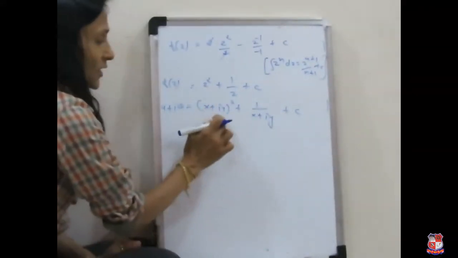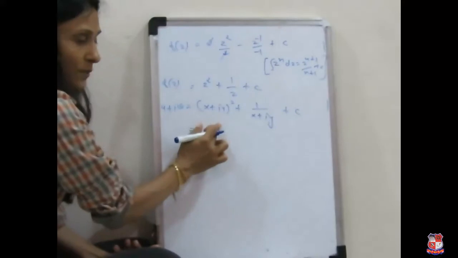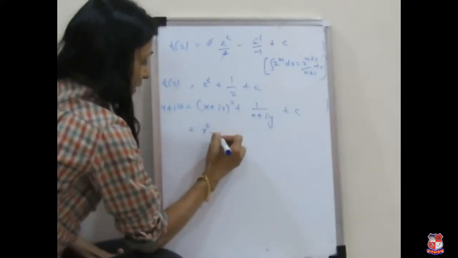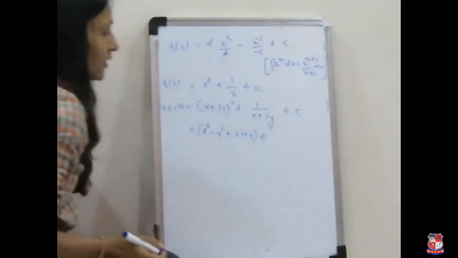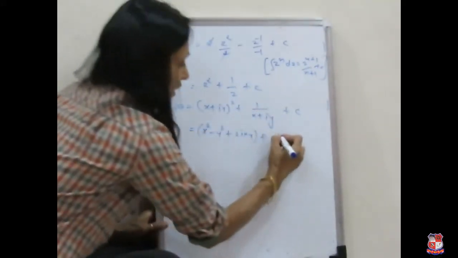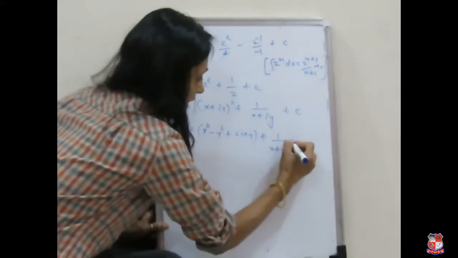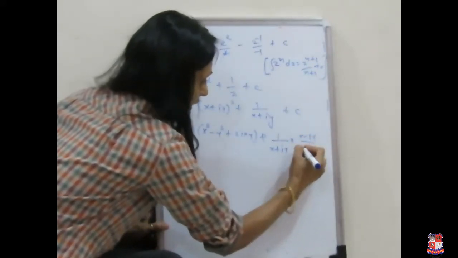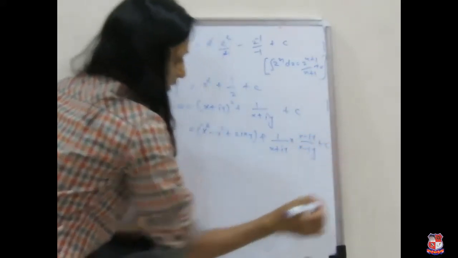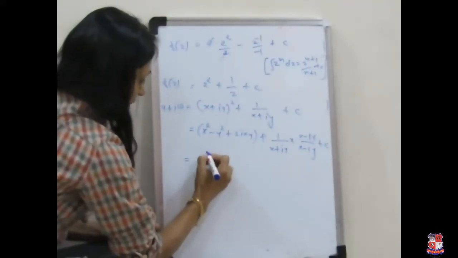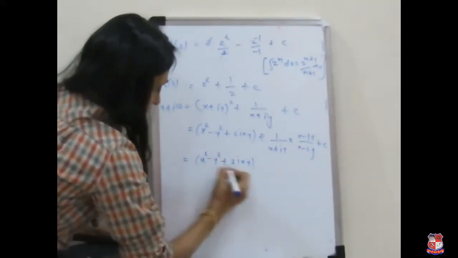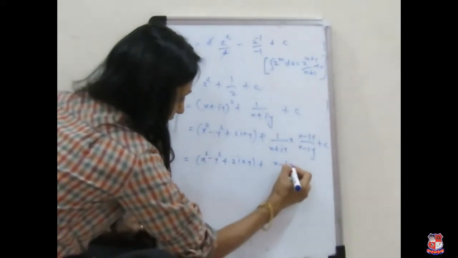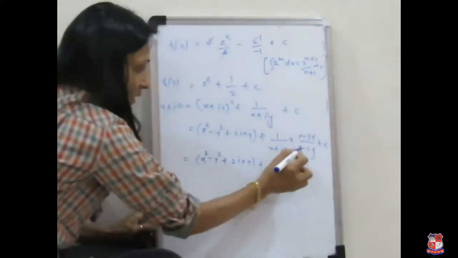How to find it? (a plus b) square is a square plus 2ab plus b square, that is x square minus y square plus 2ixy. Here we take the conjugate: x plus iy, that is multiplied by x minus iy over x minus iy, plus c. That is x square minus y square plus 2ixy plus x minus iy over (a plus b)(a minus b).